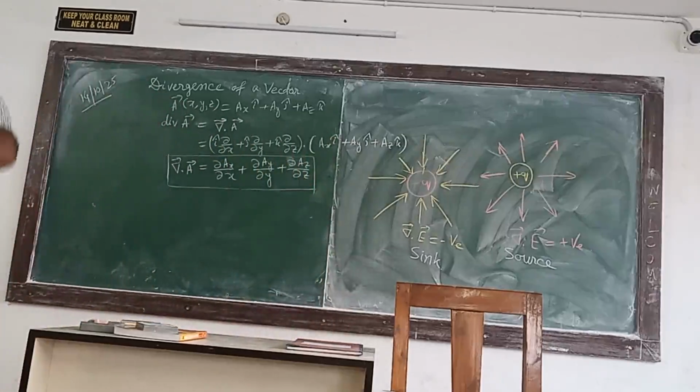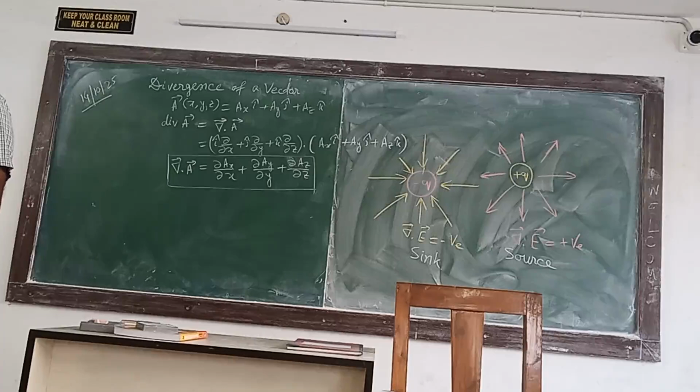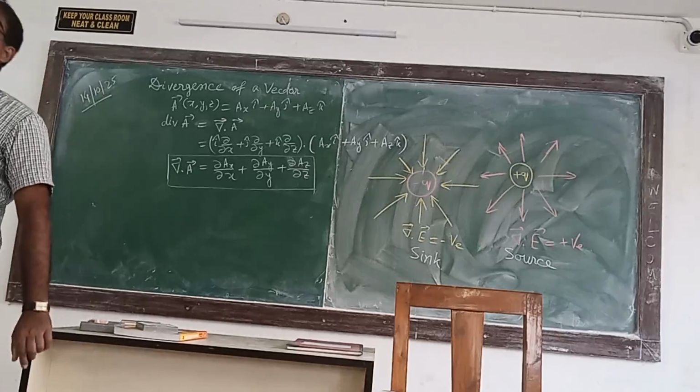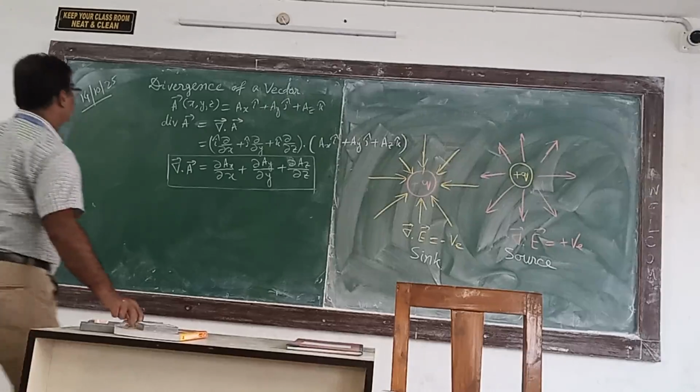Water is coming inside the tank, so it is the sink. When the water is coming out from the tank, that is the source. And when water is put in the tank, that is called a sink. So the water tank is sink and source, depending on whether the field comes out or converges at that point.